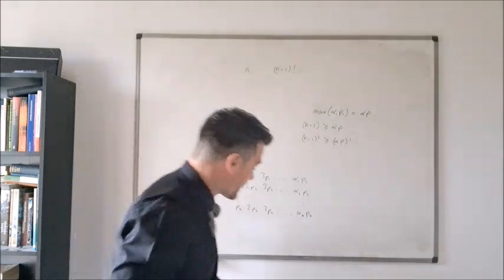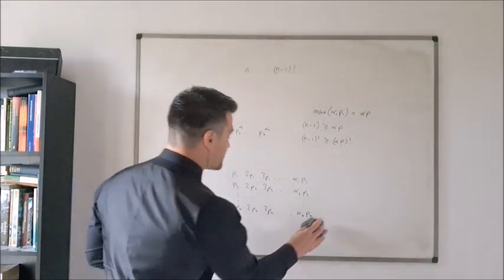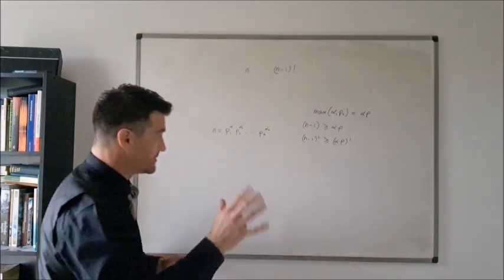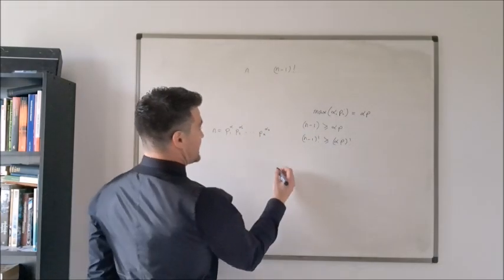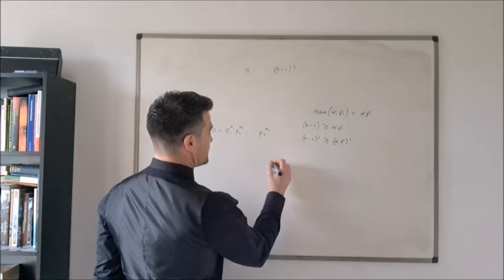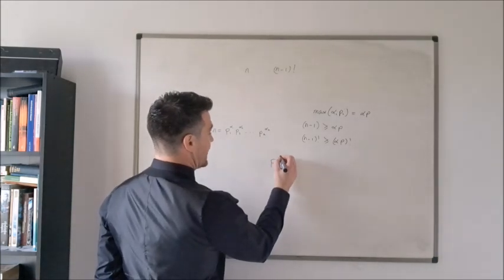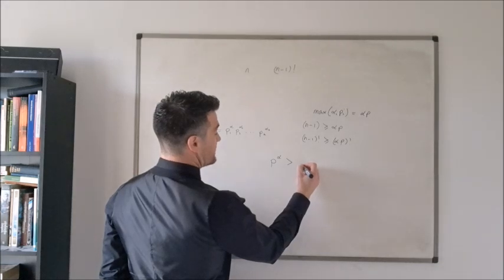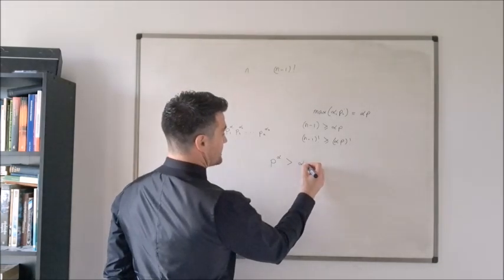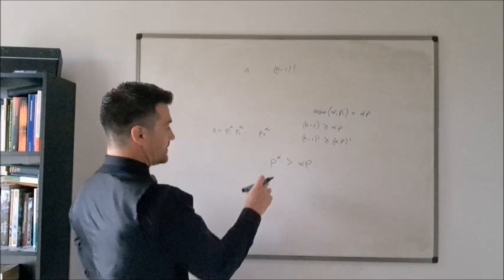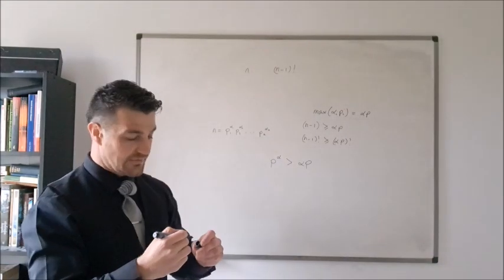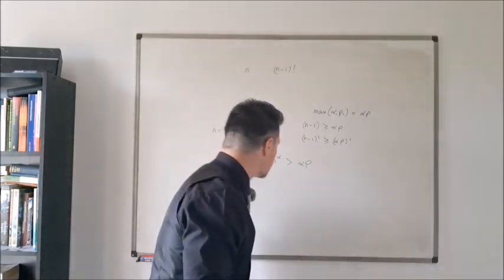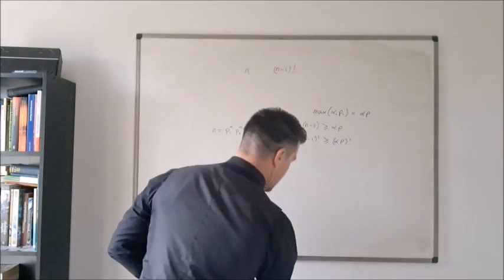Okay, so what I would potentially need to show, one thing that I could show, is that p to the power of alpha is greater than alpha times p, for a prime number to the power of alpha. Or let's cast it in terms of the i's here.